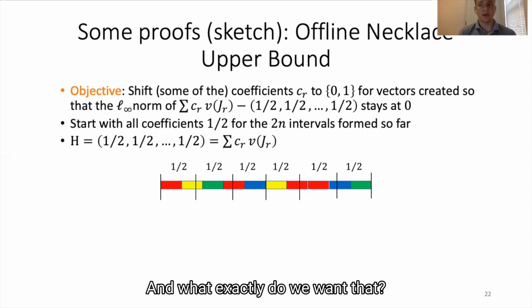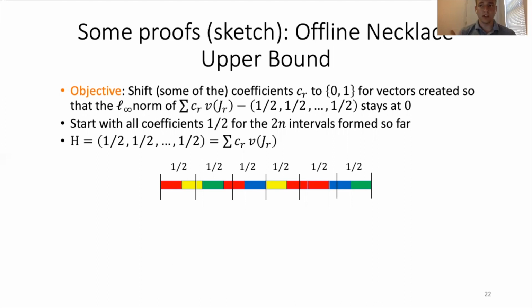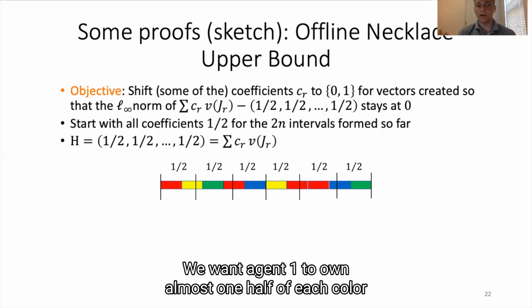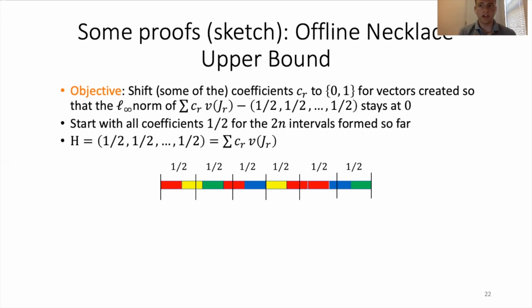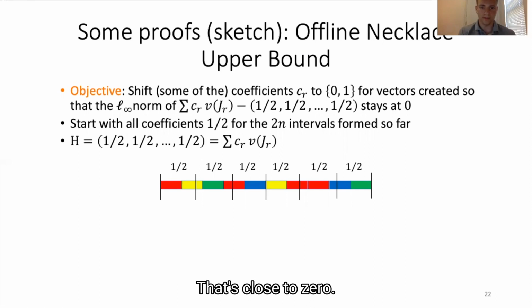And why exactly do we want that? Well, basically this sum of CR VJR represents how much of each color agent 1 owns. And because we want the discrepancy to be very small, we want agent 1 to own almost 1/2 of each color, or something very, very close to 1/2 of each color. So that's why we want the L infinity norm to be that close to 0.